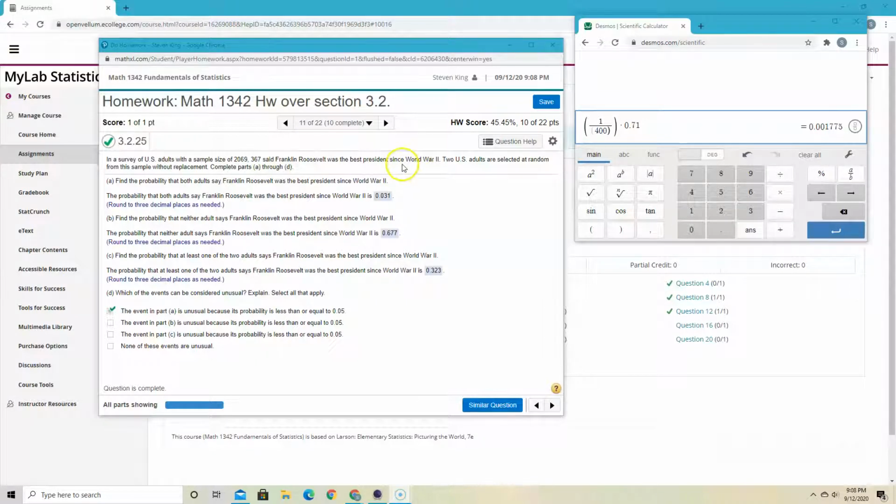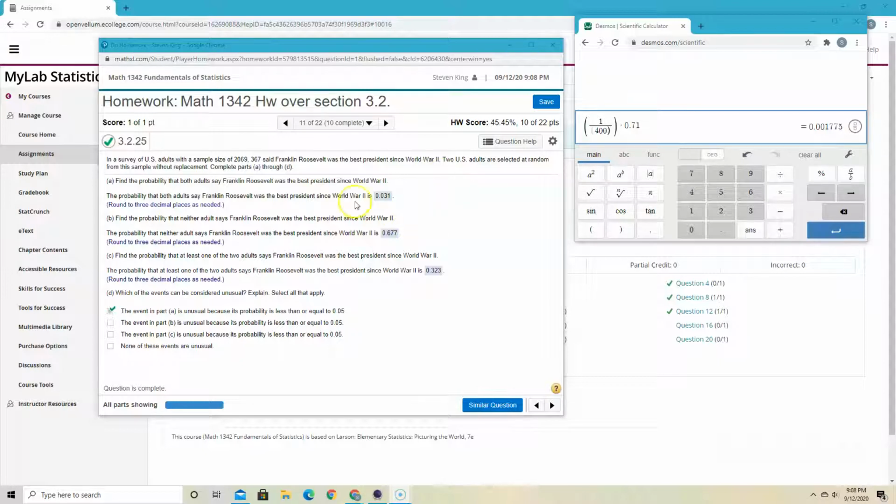So then we have to say, okay, for the first person randomly picked, there's 367 chances out of 2,069. Times the second person, they're saying what is the probability that the second person would also state that they felt that FDR was the best president.